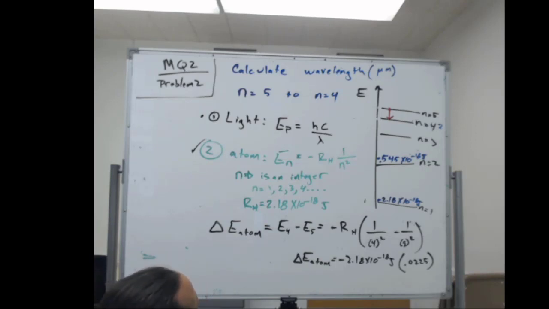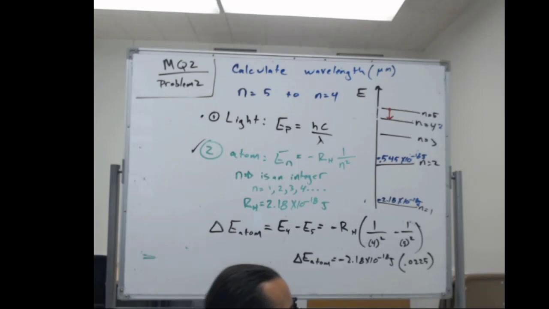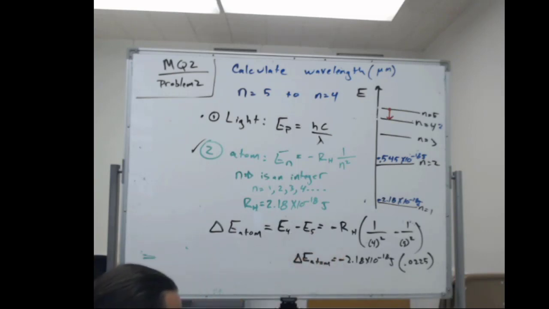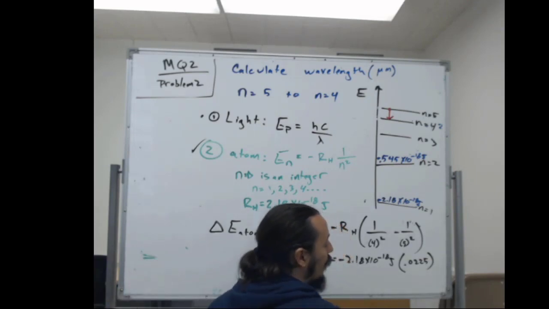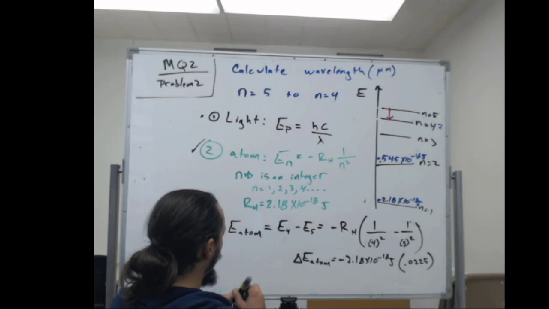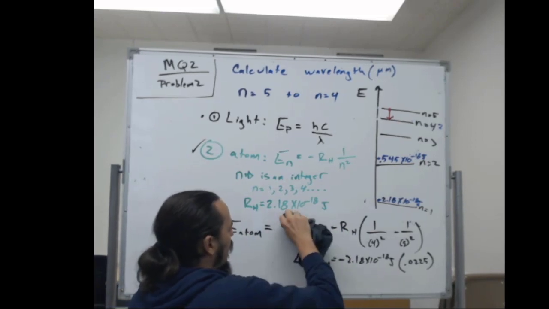So, let's see. I'm going to finish calculating that, actually do my multiplication times 2.18 times 10 to the minus 18. So I get 4.905 times 10 to the minus 20. I'm just going to plug that in here.